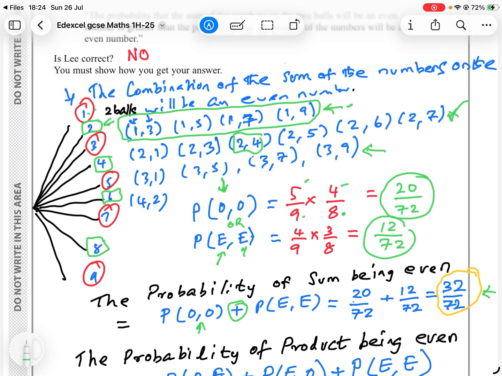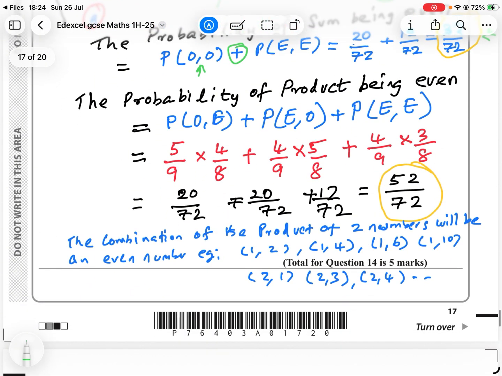So when you take another example, you can write down here, the first ball is 1. So the combination of the product of the two numbers will be an even number. Example I wrote here: the first ball is odd, this one. The second ball is even, 2.